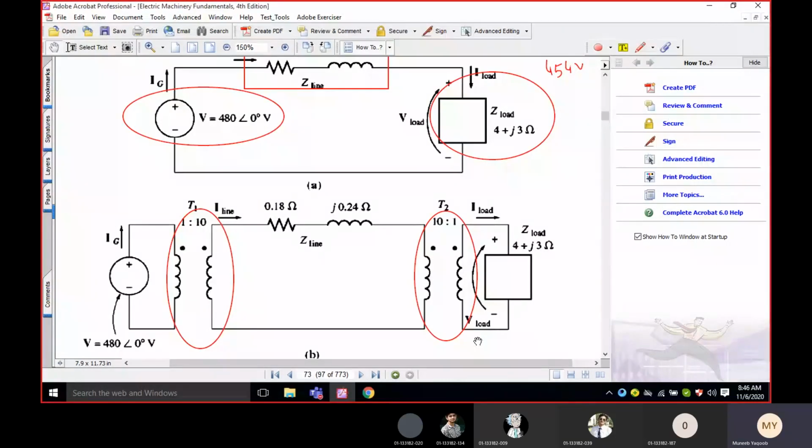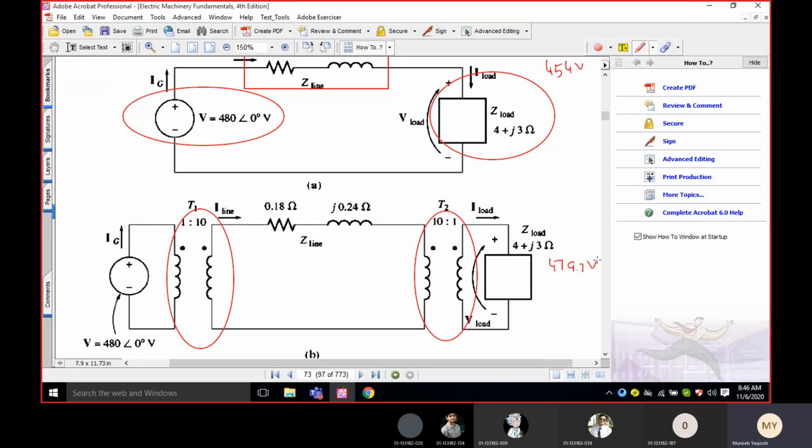So in this situation, when we are using two transformers, rather than getting 454 volts, this time we are getting 479.7 volts, that is almost equal to the generated 480 volts.